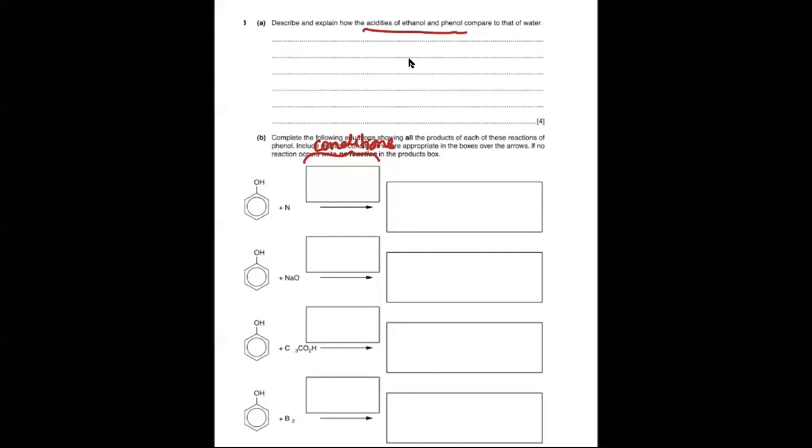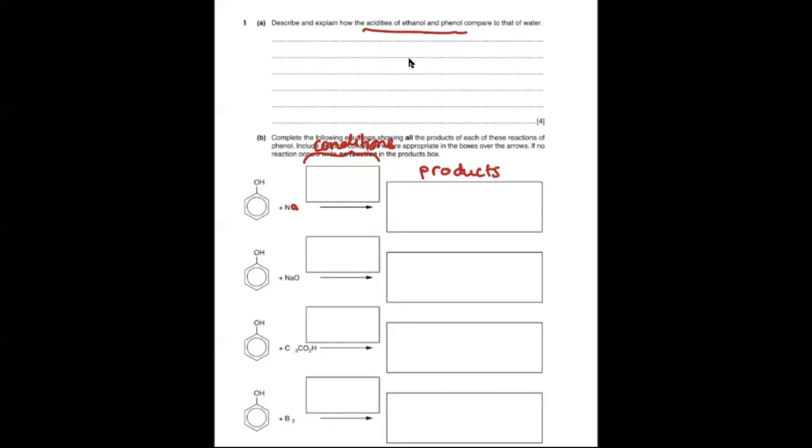Okay, so for part B, this first reaction is the reaction of sodium with phenol. Is there any reaction that will happen? So you will write down the products here. Conditions, if any.